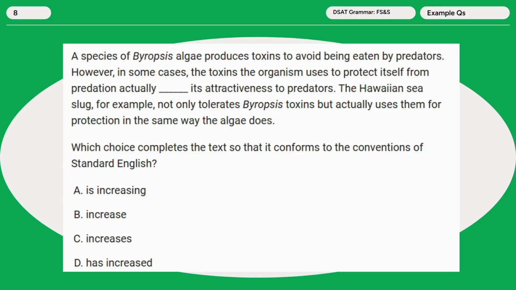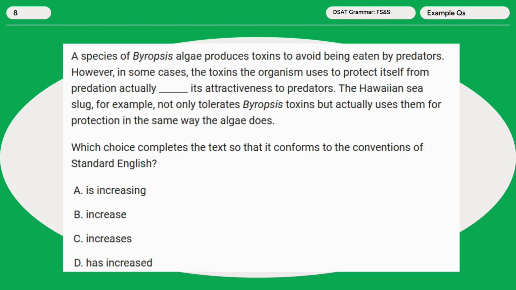The last example I'm going to go over is also of a similar sort. Here we're looking again for the subject-verb agreement, and let's go. A species of Biropsis algae produces toxins to avoid being eaten by predators.